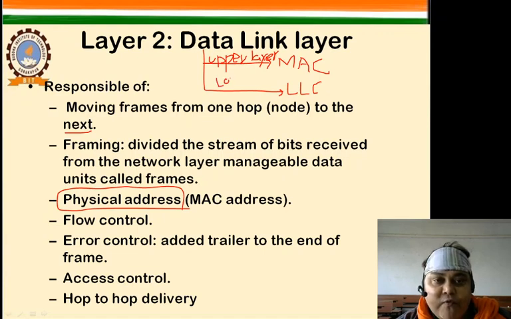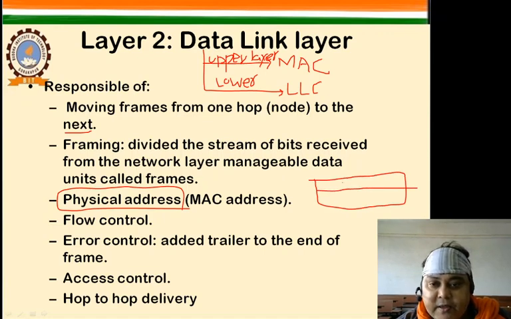So how can we draw this? The data link layer is divided into two parts, like this way. Here this one is the MAC layer and this is the LLC layer.